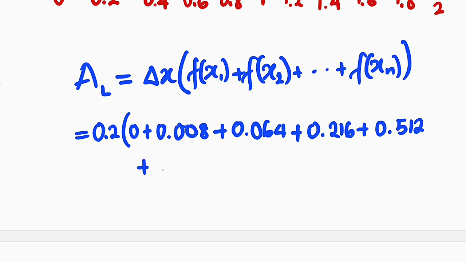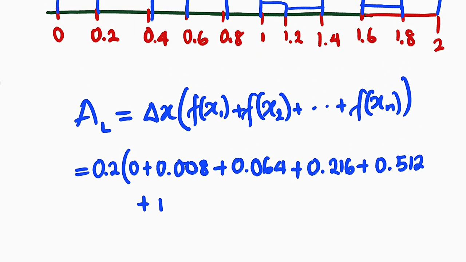Let me continue down here. Plus, we take 1, we raise it to the power of 3, that will give us 1, right? Then the next one will be 1.2. 1.2 to the power of 3 will give us 1.728, plus, then we take 1.4, we raise it to the power of 3, that will give us 2.744.